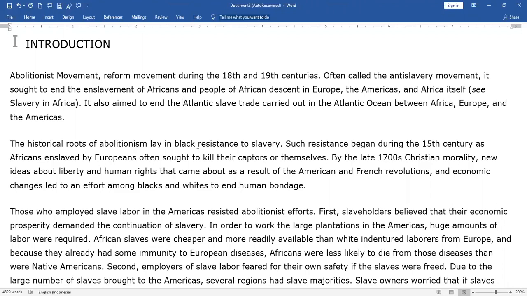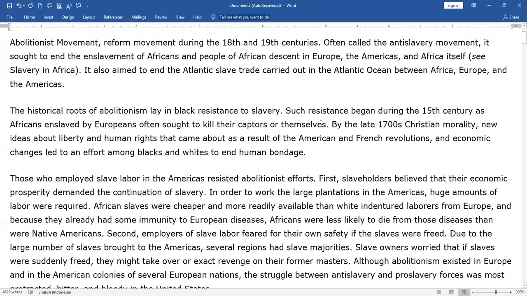The historical roots of abolitionism lay in black resistance to slavery. Such resistance began during the 15th century as Africans enslaved by Europeans often sought to kill their captors or themselves.